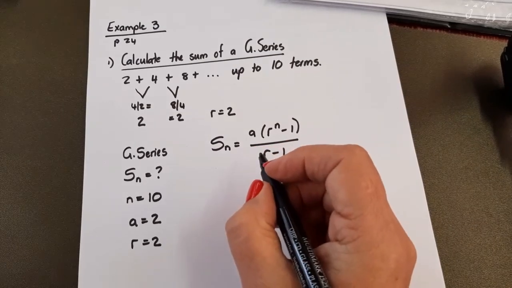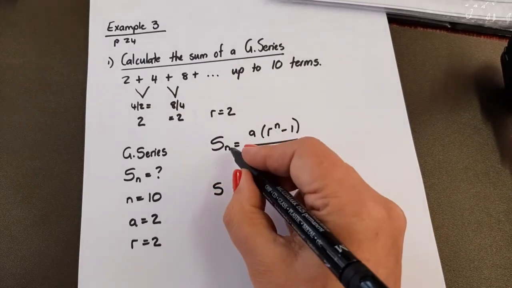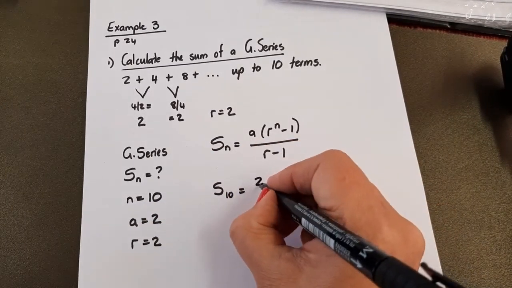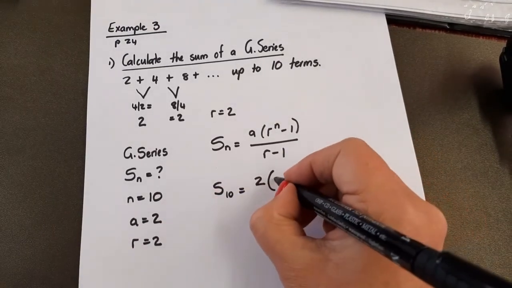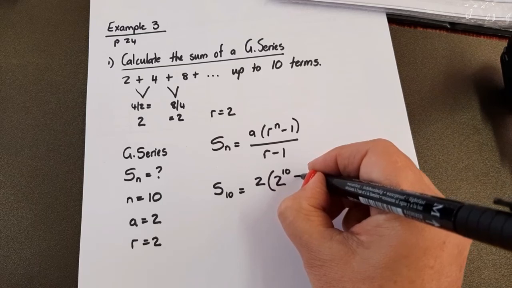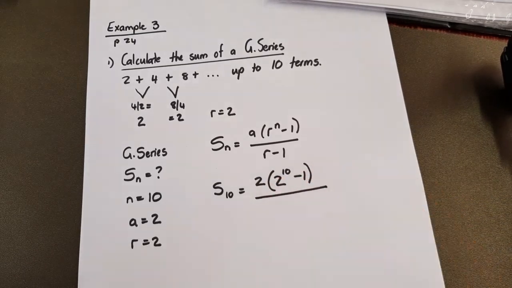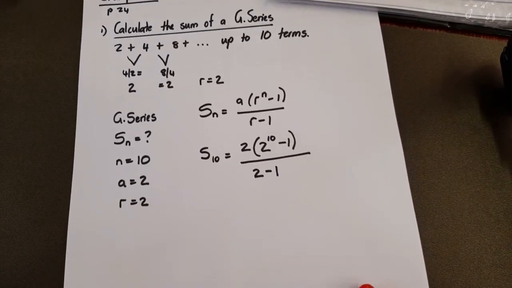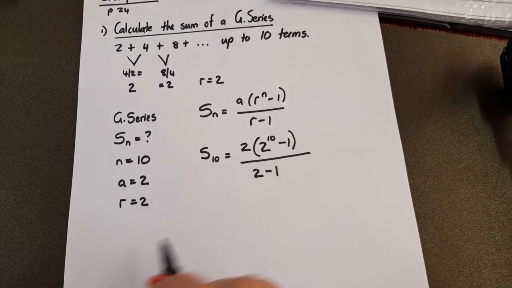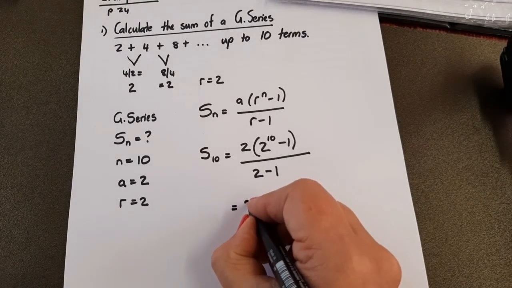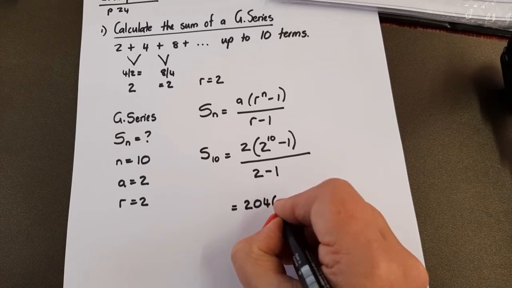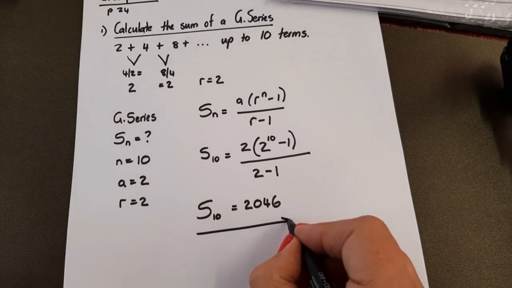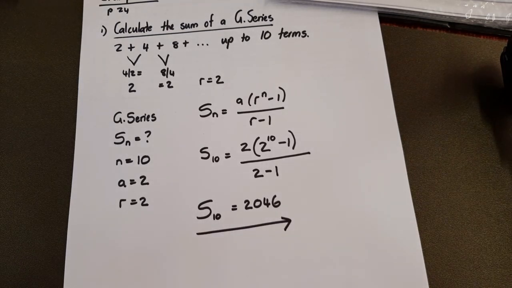And now we substitute the n with 10, the a with 2, the r with 2, over r with 2 minus 1. You can type this in to your calculator and then you'll get the answer of 2046. So the sum of the first 10 terms will be equal to 2046.